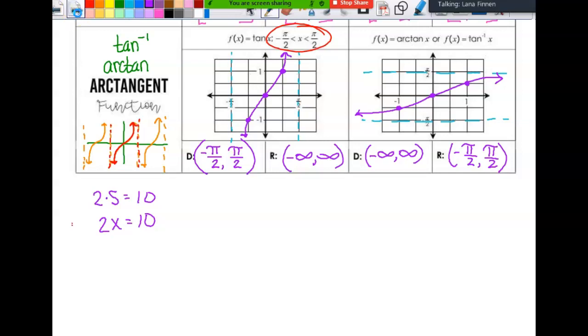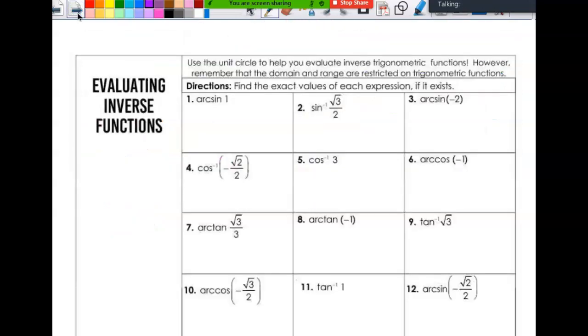There's only one little thing that really makes this confusing, and that's keeping up with what values you actually get to give. So if we have arc sine, those answers are coming from quadrants 1 and 4. And not only that, but it has to be between negative pi/2 and pi/2.